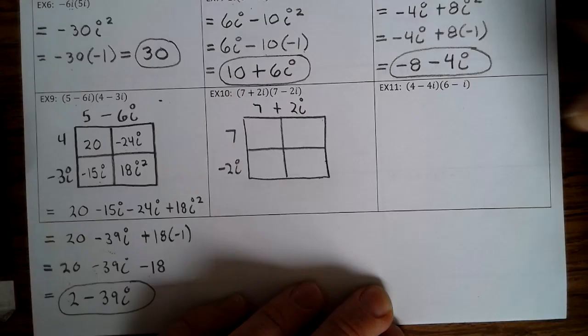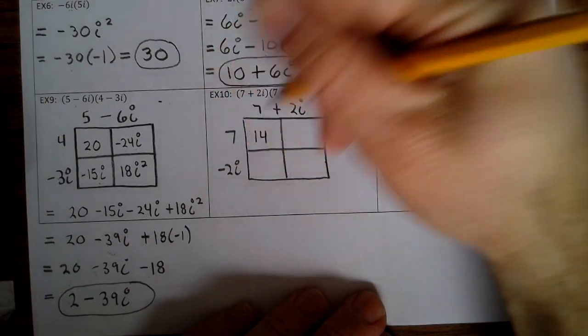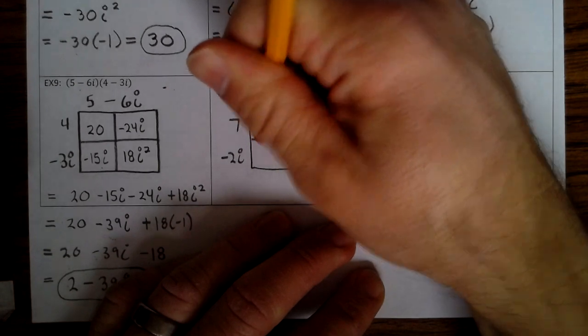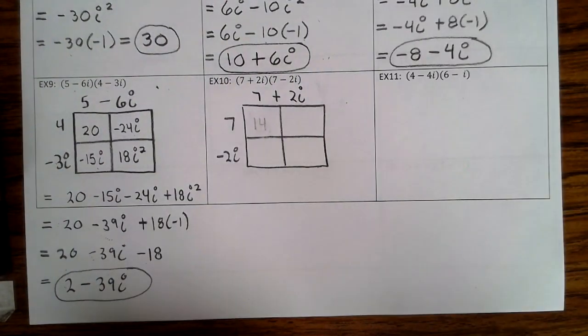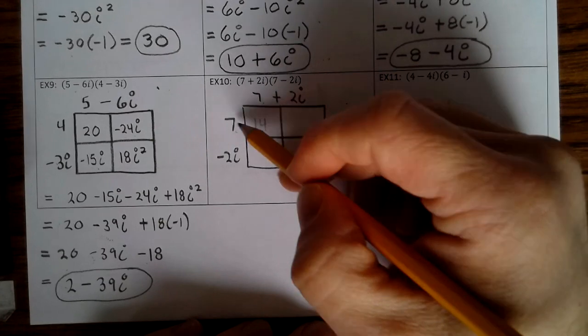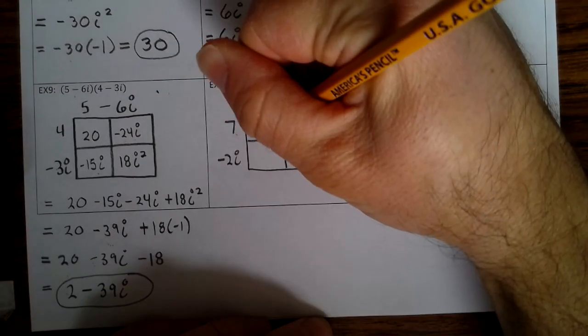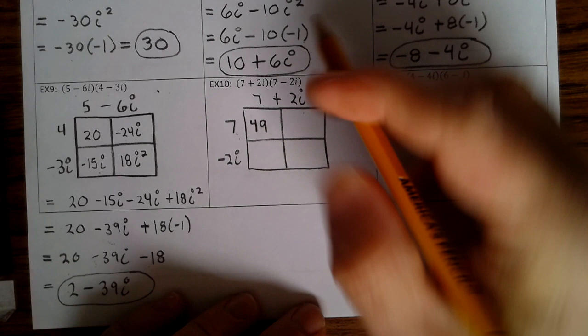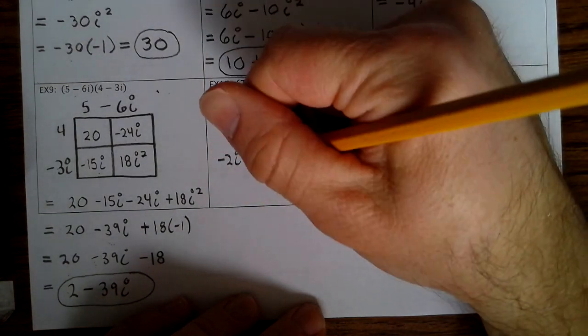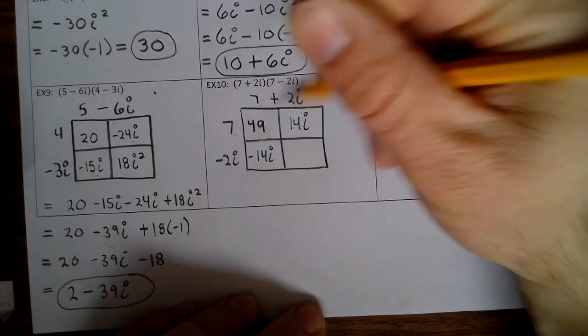What am I doing? It's a common mistake people make, they add when they're multiplying, but 7 times 7 is 49. 7 times 2i is 14i. Negative 2i times 7 is negative 14i. Negative 2 times 2 is negative 4. i times i is i squared.